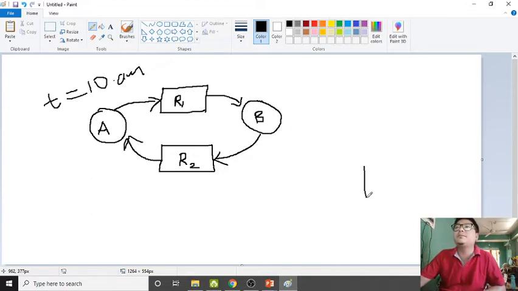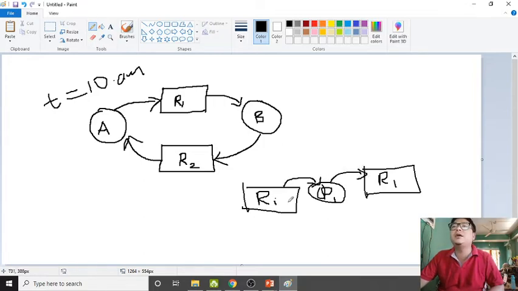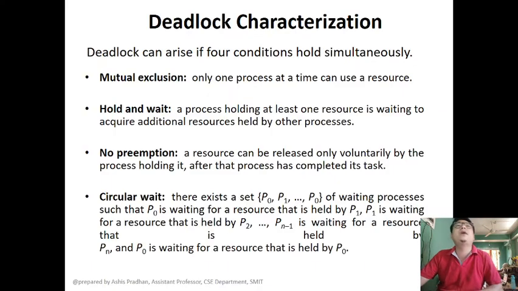Suppose there is one resource R1, and there is a process P1, and there is another resource R2. The process should be at least holding one resource and requesting for another. So R1 is held by P1 and P1 is requesting for R2. So this is the notation. You should have this situation.